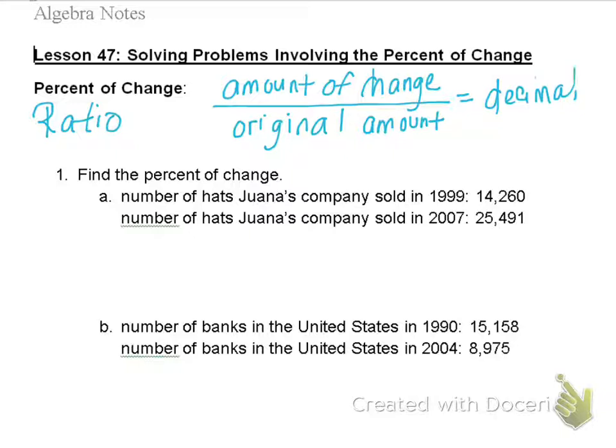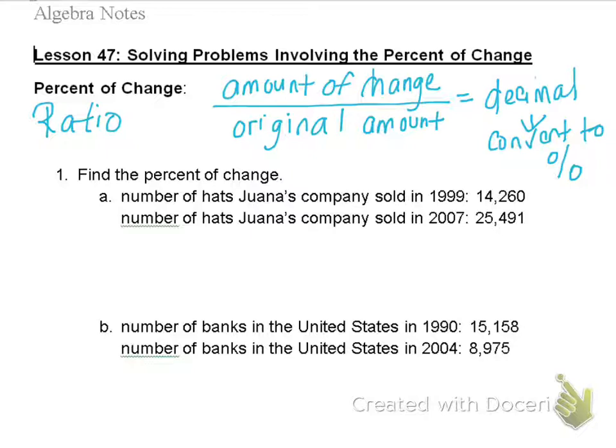And then you would take that decimal and convert it to a percent. So that is how we find percent of change. It's pretty simple. Let's try an example.